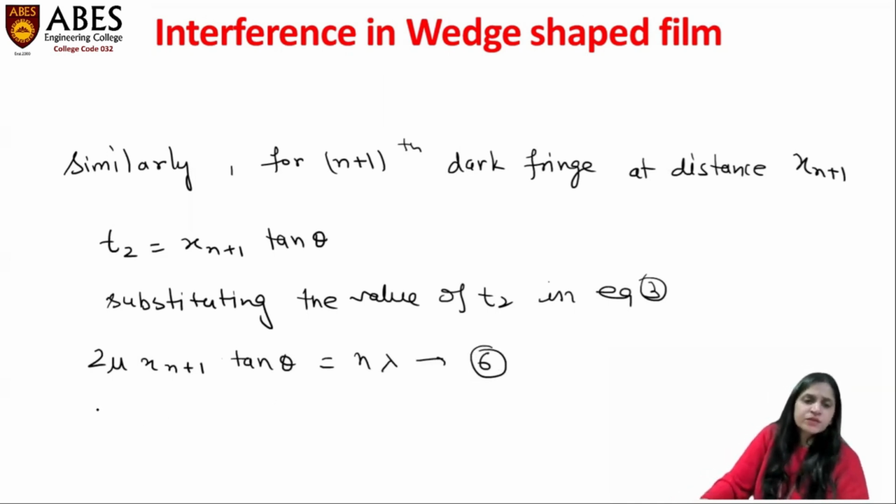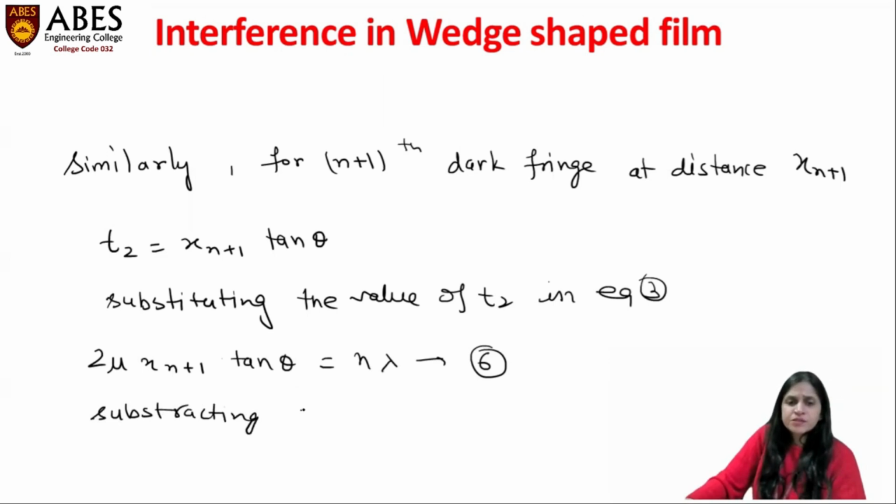Now we have to find out the separation between the two fringes. Over here we have considered the dark fringes. So let us subtract equation 5 from equation 6.